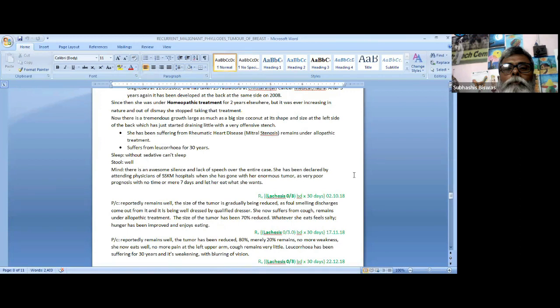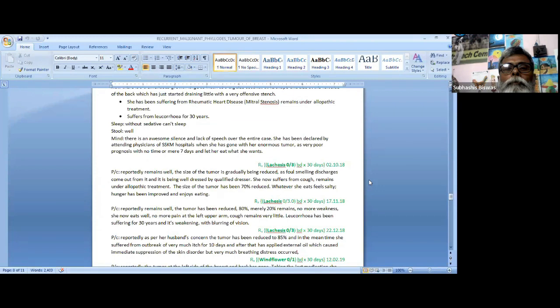Lachesis becomes silent with the dismay of her disease condition, apprehending the outcome of the disease. They told me that the doctors said she had no time, merely 7 days, and after that she became awesomely silent. And my diagnosis was Lachesis 3, given twice daily for 30 days on 2nd October 2018.